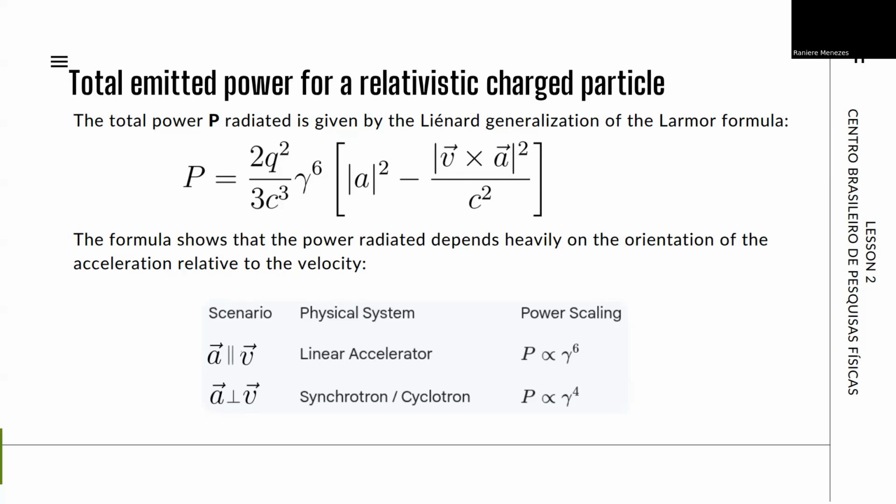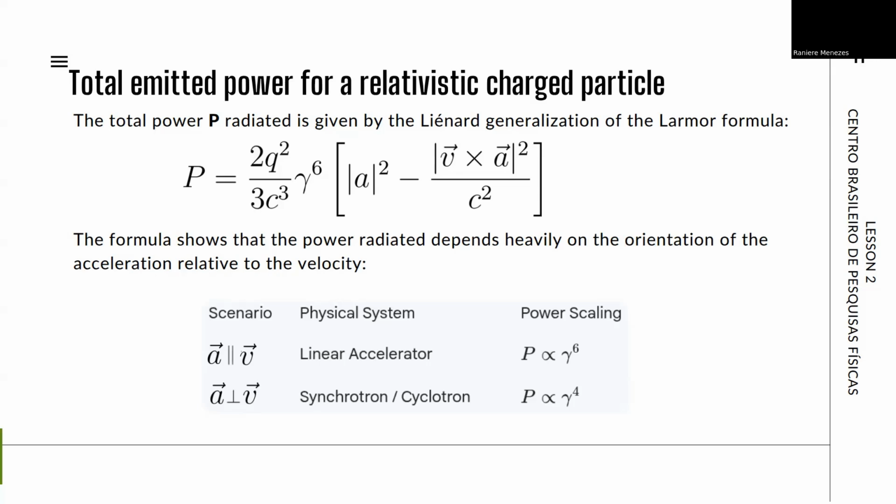If the particle moves in the same direction that it accelerates, then this goes to 0 if they are parallel, and the power is proportional to gamma to the 6, okay? If they are perpendicular, then the power goes with gamma to the 4. If they are perpendicular, this becomes V squared, A squared.